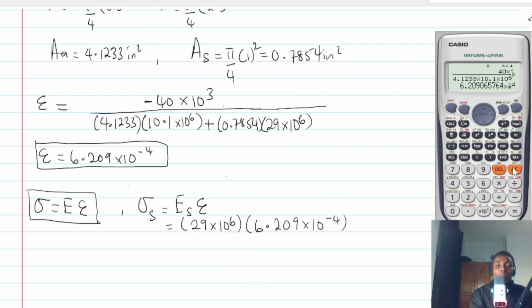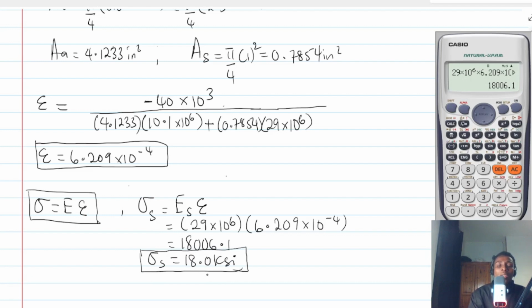It's going to be 29 times 10 to the power 6 multiplied by 6.209 times 10 to the power minus 4. So we have 18,006.1. In other words, 18.0 KSI. So that is the normal stress carried by the steel.